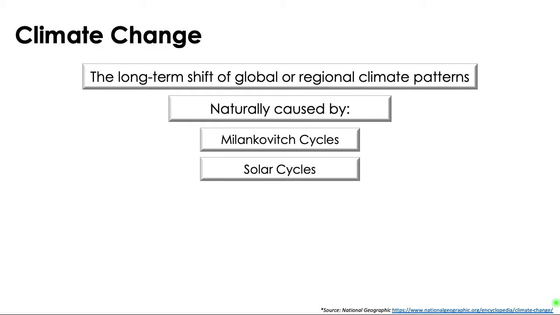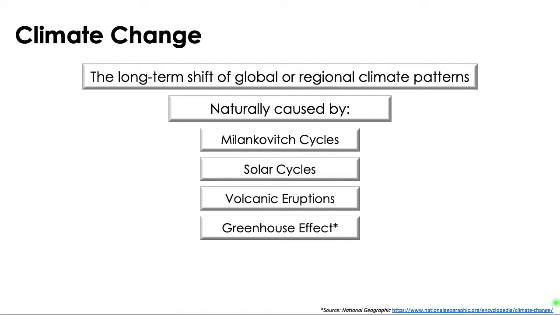It's also caused by solar cycles, volcanic eruptions, and the greenhouse effect. I'm going to save the greenhouse effect for tomorrow's lesson because that also relates to how humans play a role in climate change.